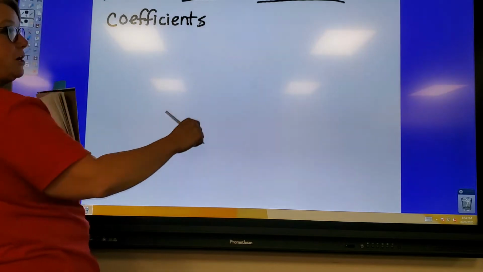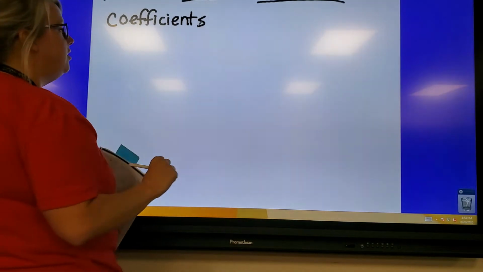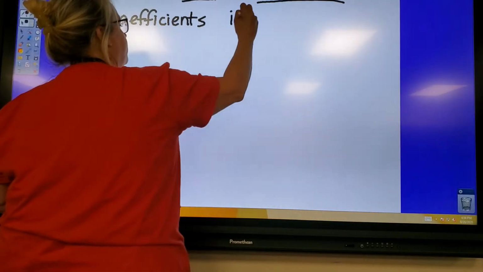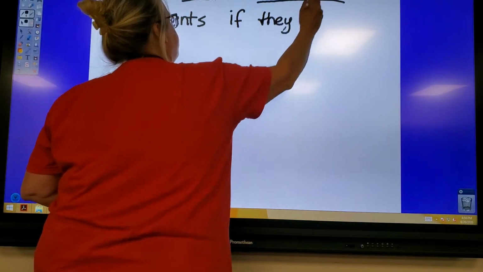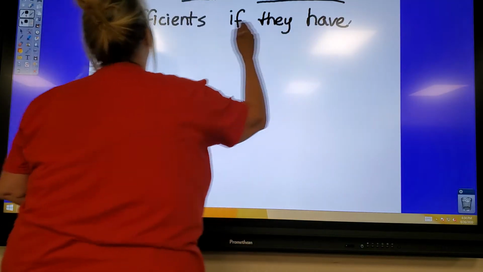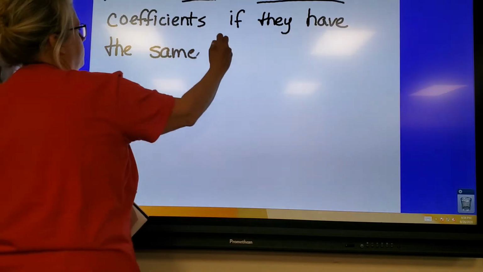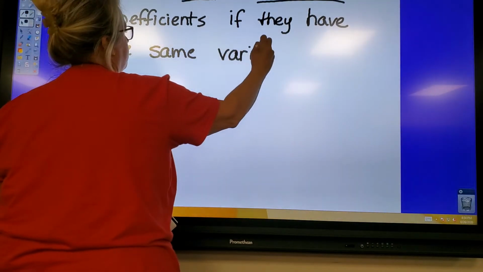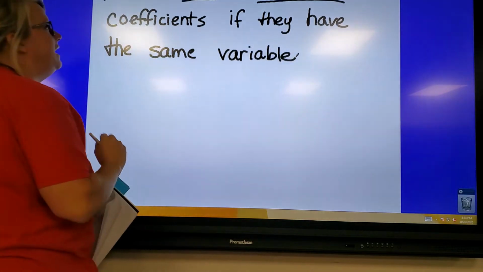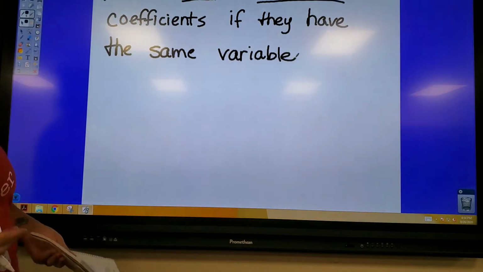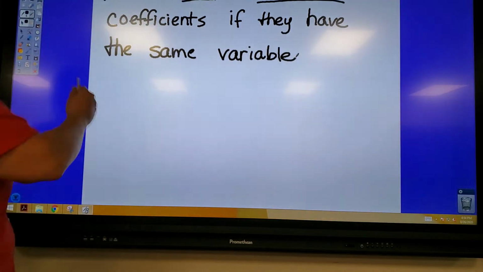You can add or subtract coefficients if they have the same variable. That's called combining like terms.